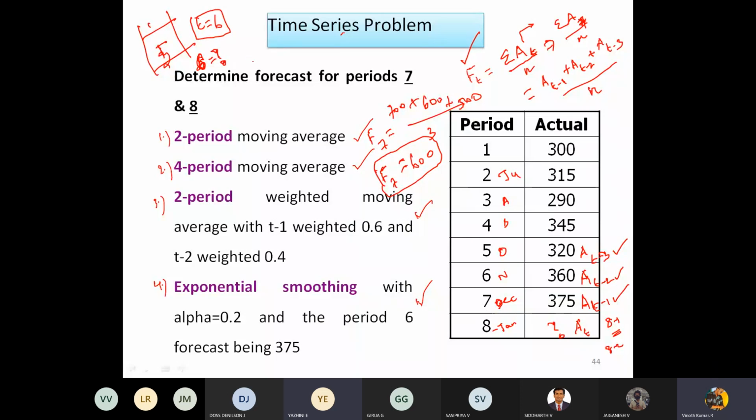So for formula வந்து how you are going to write this formula? Summation a suffix 6 divided by n, right? So with the help of simple moving average method, the last 3 average you are going to take to find the 6th value.